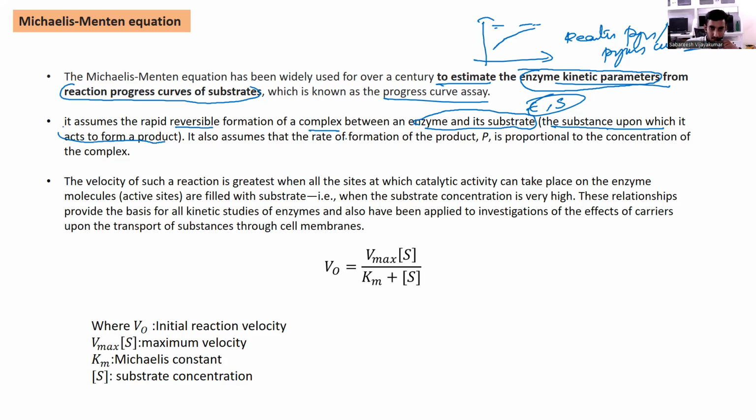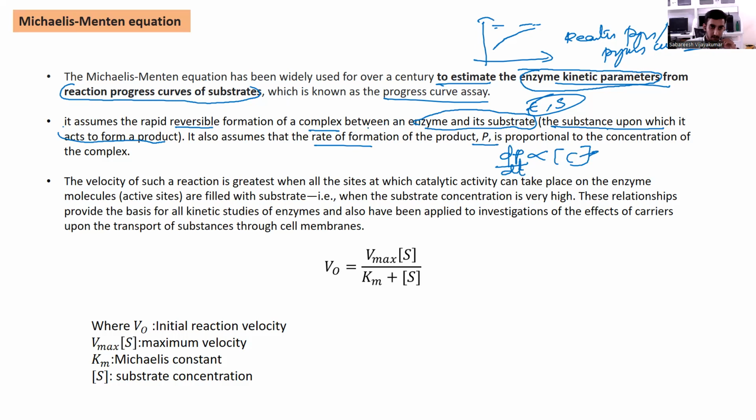It also assumes that the rate of formation of a product P is proportional to the concentration of the complex. Suppose the concentration of the complex is C, then dP/dt is proportional to the concentration of C.